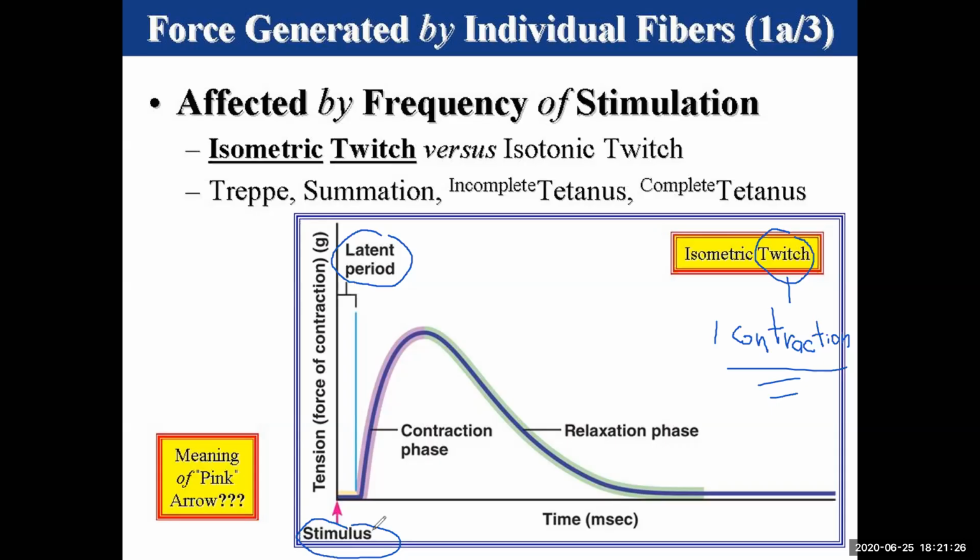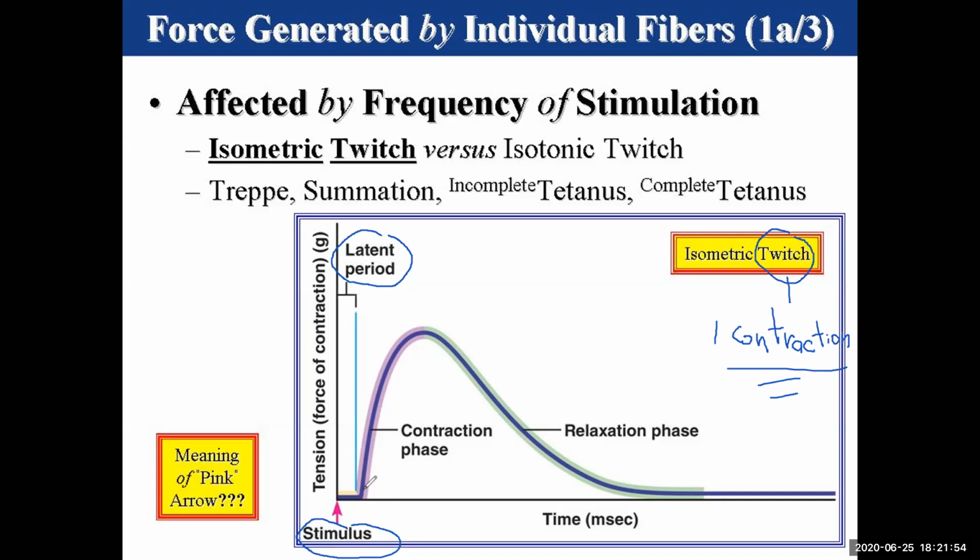It takes time to activate the voltage-sensitive sodium channels to give birth to an action potential on the sarcolemma, and time for that action potential to spread throughout the entire skeletal muscle fiber. Because of that, there's a lag between the stimulus and the response, which is the contraction.